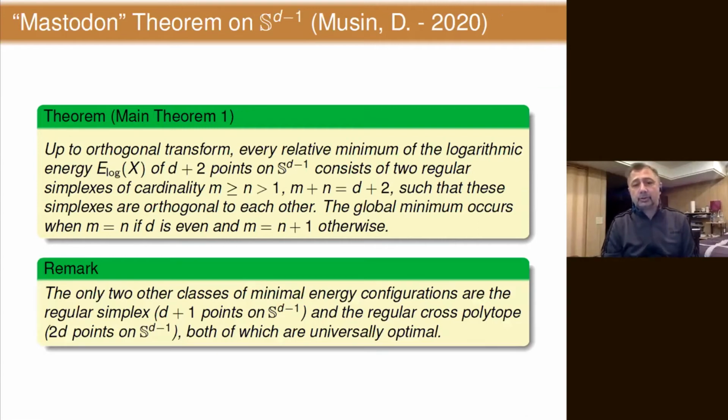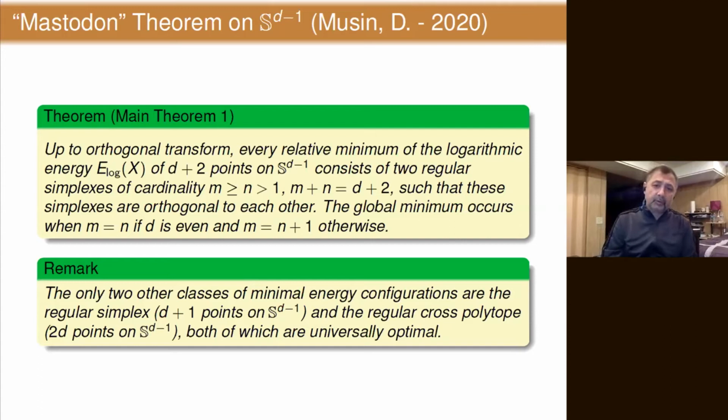The only two other classes of minimal energy configurations that are known, for any number of points and any dimension, are the regular simplex, D plus 1 points on S^(D-1), and the regular cross polytope, 2D points on S^(D-1).